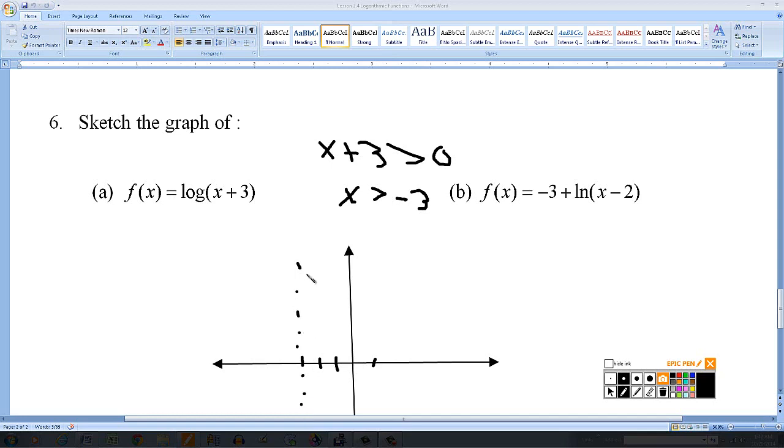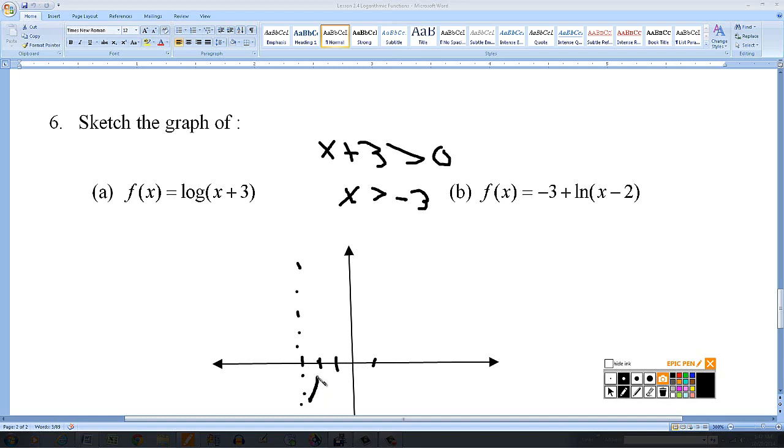So instead of passing through the point 1, 0, move over 3. It's going to pass through this point right here, which is -2 and 0. The graph goes up through that point and comes out something like that.